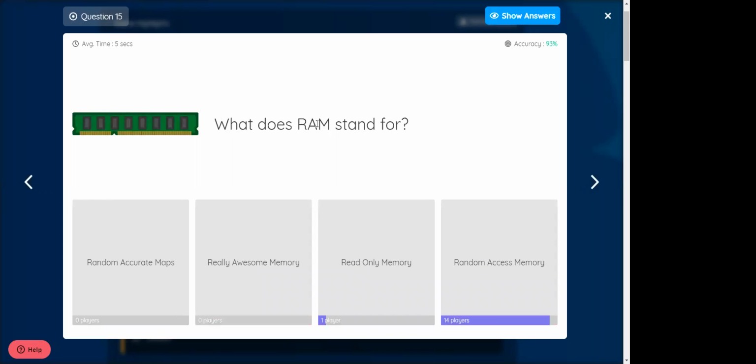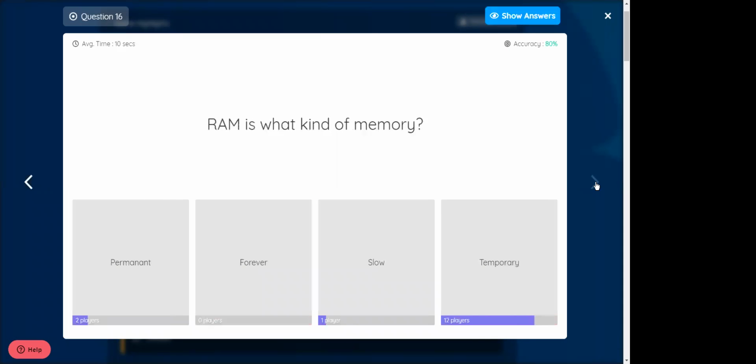What does RAM stand for? Random access memory. Perfect. RAM is what kind of memory? Temporary memory. Good.